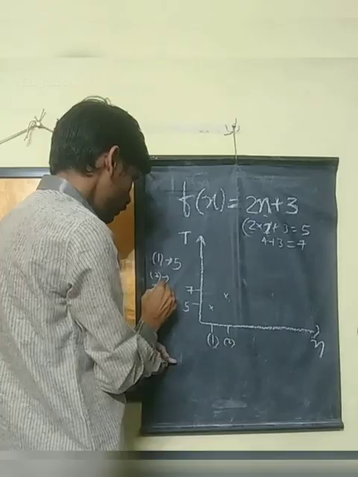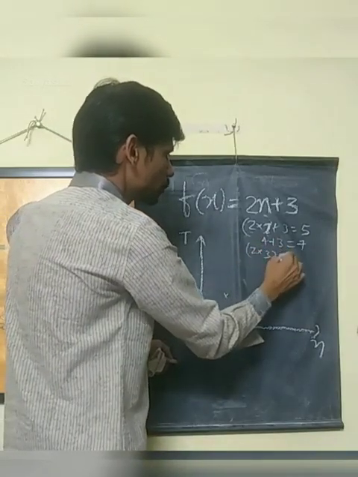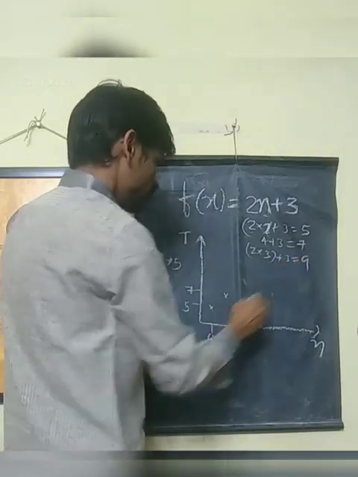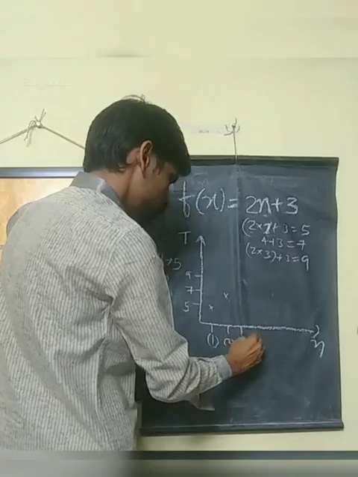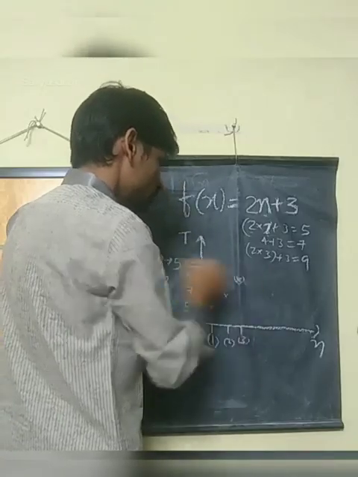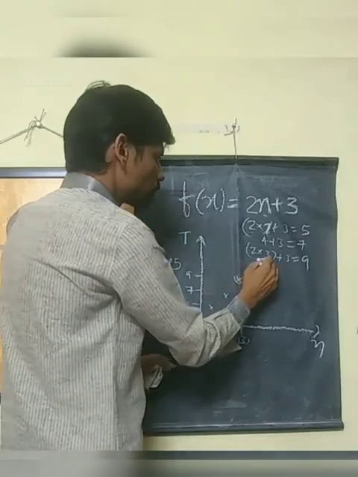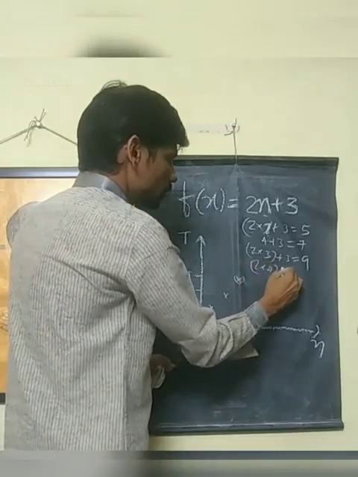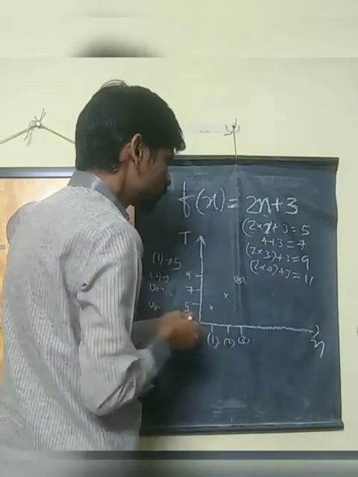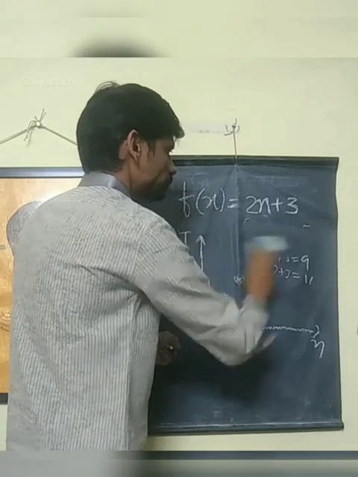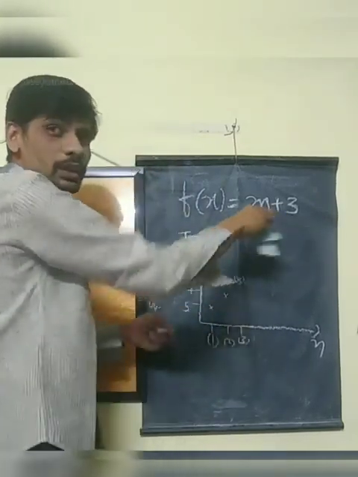Now I will pass 3. 2 multiplied by 3 plus 3 is 9. For example, this is 3, and this is my 9. Now I will pass 4 here. 2 multiplied by 4 plus 3, 8 plus 3, is 11, right? So now I will arrange these values here.